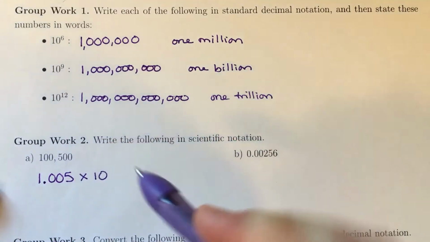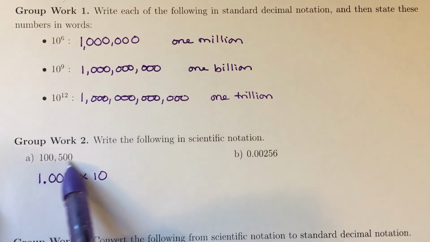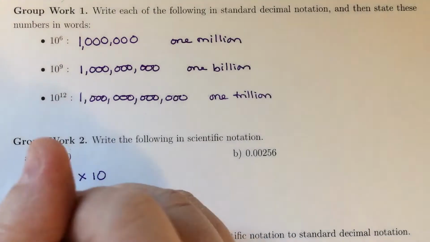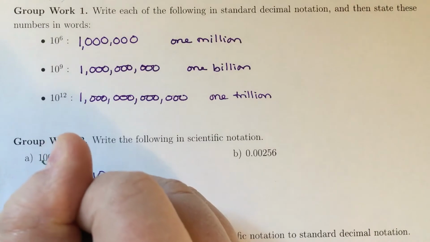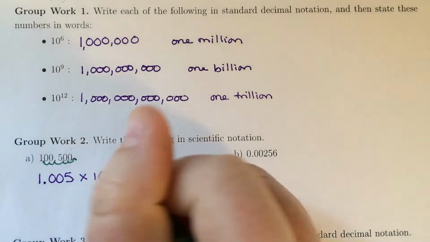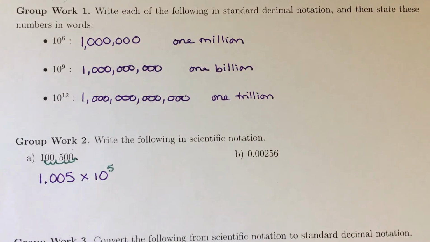And I know this is going to be a positive number, because this is a large number. So we just need to figure out from this location, how many decimal places I need to move to get it to the end. And that would be 5. So it's 1.5 times 10 to the 5th power.